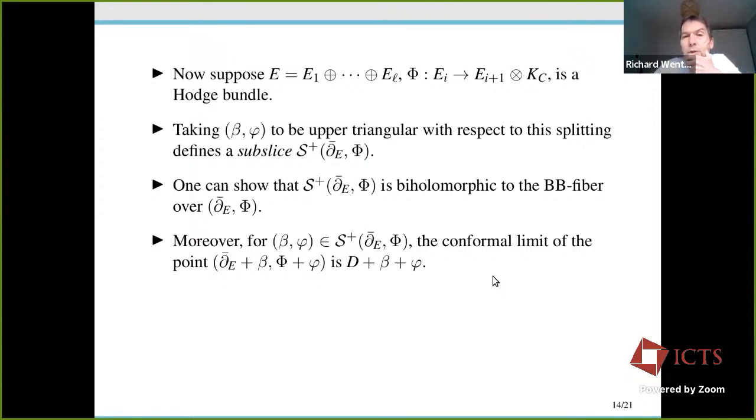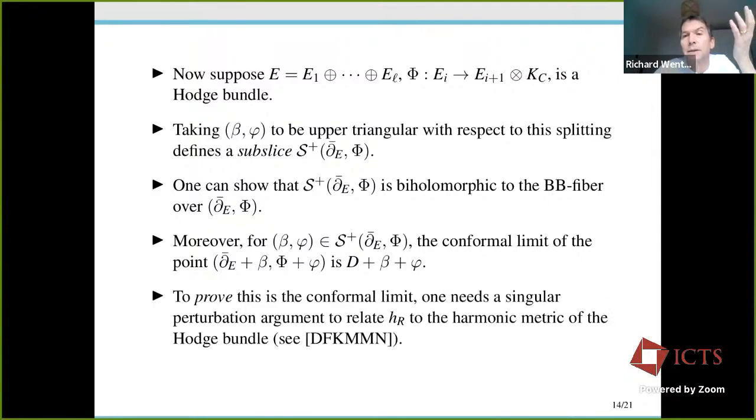So it sounds almost trivial. There's not much work, but indeed, we do have to prove something, namely that family of flat connections, the way that conformal limit was originally defined, really does map to this particular flat connection. And to do that, we have to understand the non-abelian Hodge. We have to understand how the harmonic metric varies as we scale along the C star action.